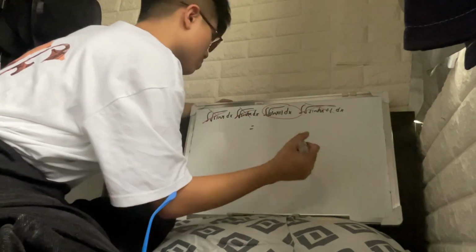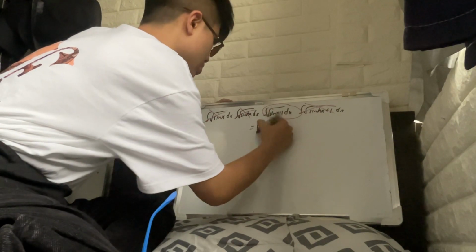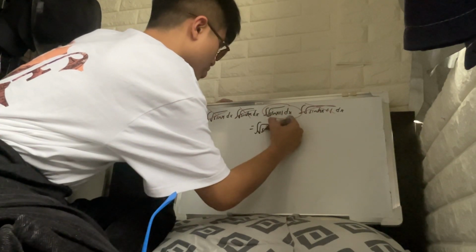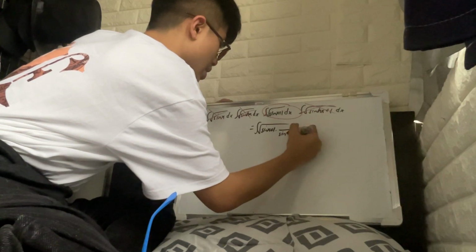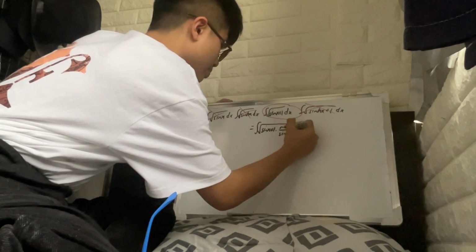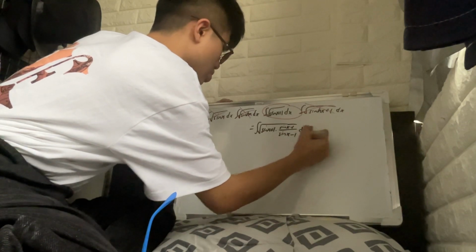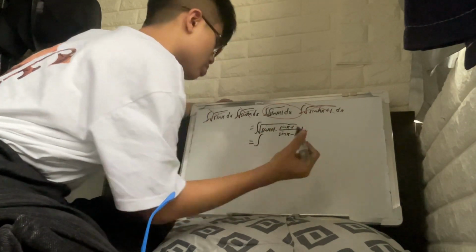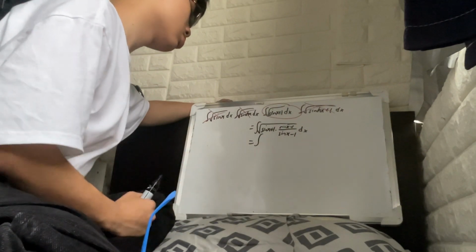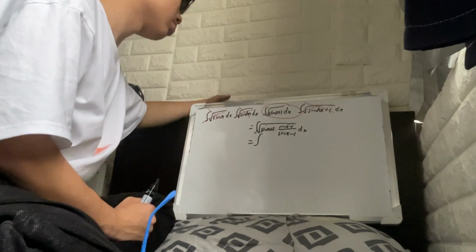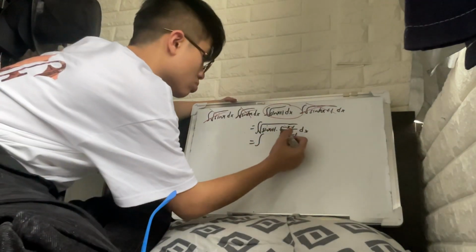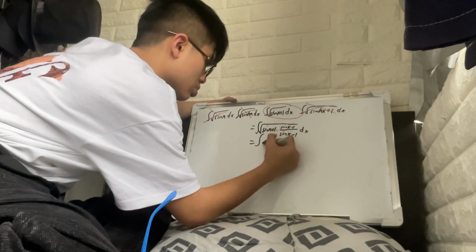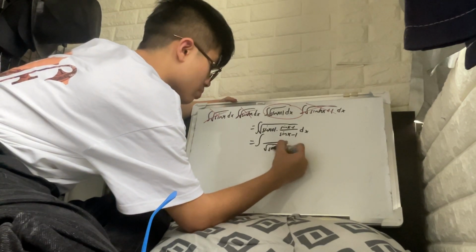The integral of square root of sec x plus 1 is equal to, let me just multiply by the conjugate, sec x plus 1 multiplied by sec x minus 1, and then multiply by sec x minus 1 like that, so over this is square root of sec x minus 1.